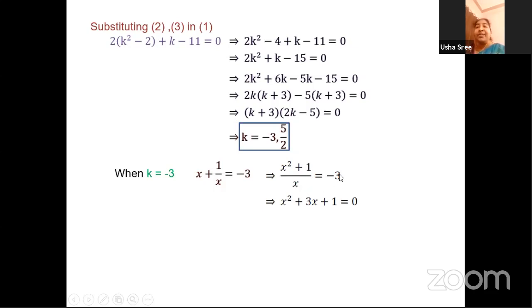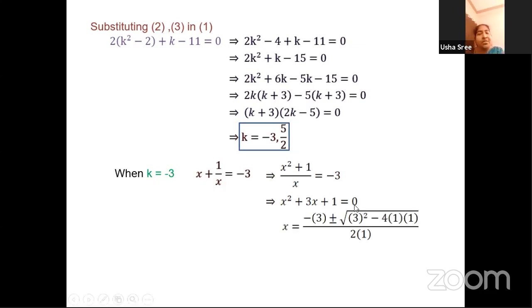You will get x² + 1 on one side and −3 into x on the other side. So that −3x we will take to this side. You will have it as x² + 3x + 1 = 0.